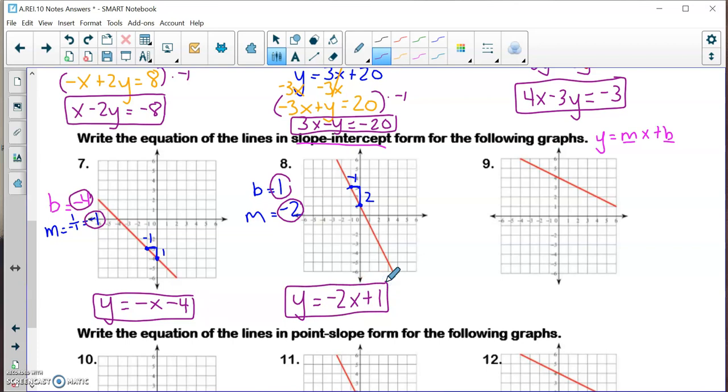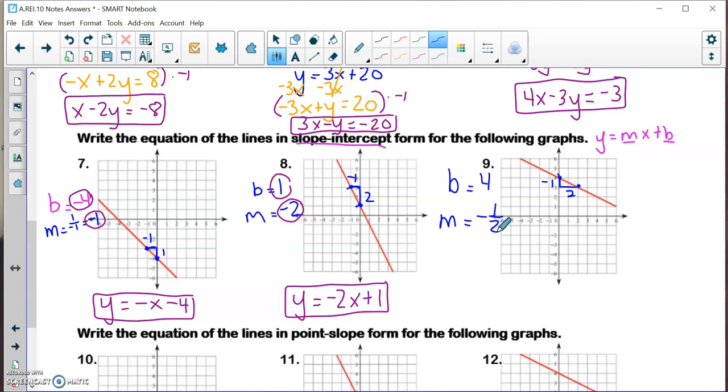All right, and then the next one, my y-intercept is 4. Picking 2 points to find my slope, I go down 1, which would be -1, and over 2, which would be +2. So my slope is rise of -1 over a run of 2.